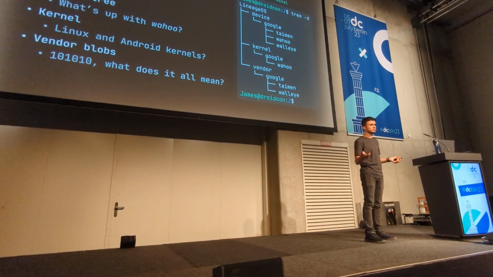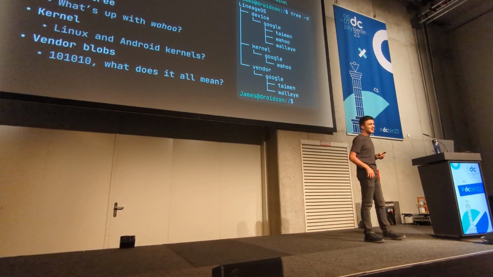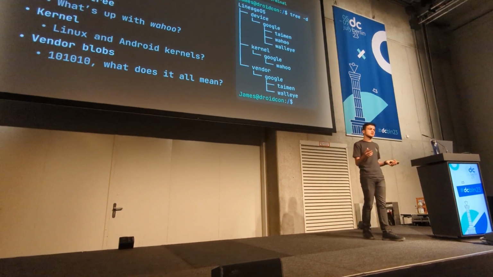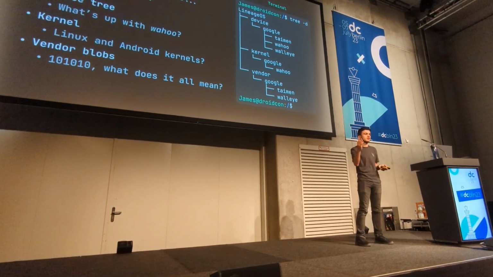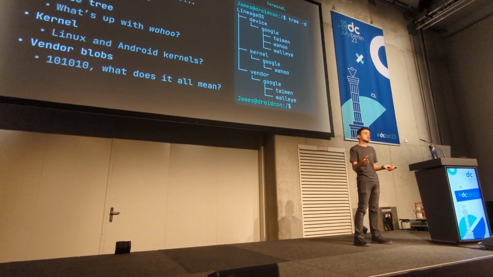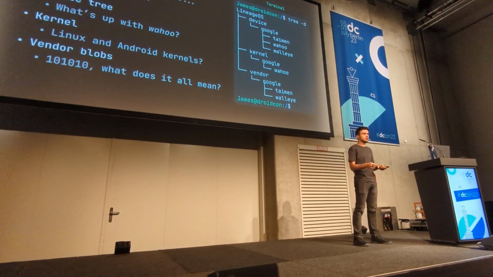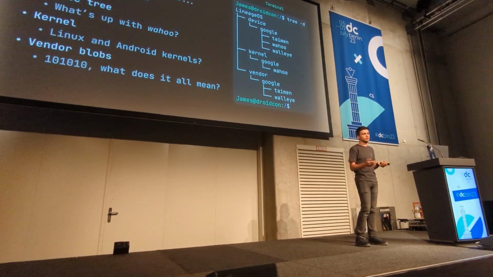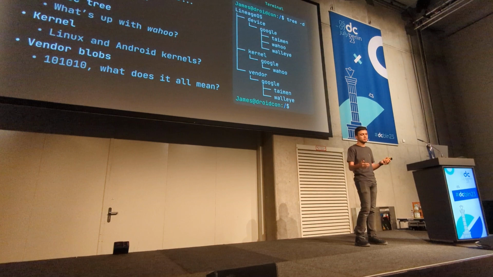Funny names, yeah, Wahoo? Okay. Wahoo is basically the combination of Taimen and Walleye. Since these devices are basically just smaller and bigger versions of each other, it makes sense to point to a directory where the config files are the same. So you don't need to have duplicate code. It just makes sense from bring up from Google.